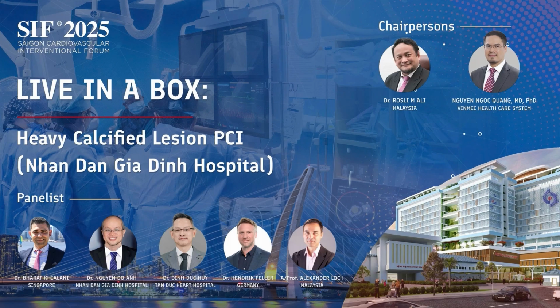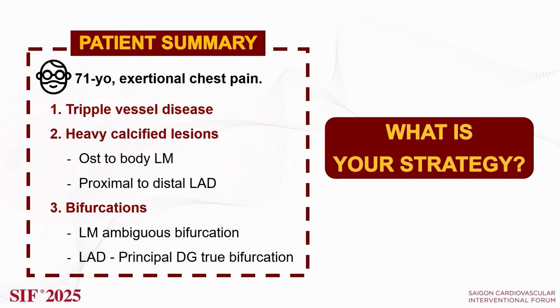Yes, thank you. So I think this is a tough, complex case, because we can see two continuous bifurcations: between left main, LAD and left circumflex, and also a big diagonal bifurcation at the LAD. So I think any of the branches is important, and our PCI plan should aim to preserve all three vessels: the left main LAD, the diagonal, and the left circumflex.